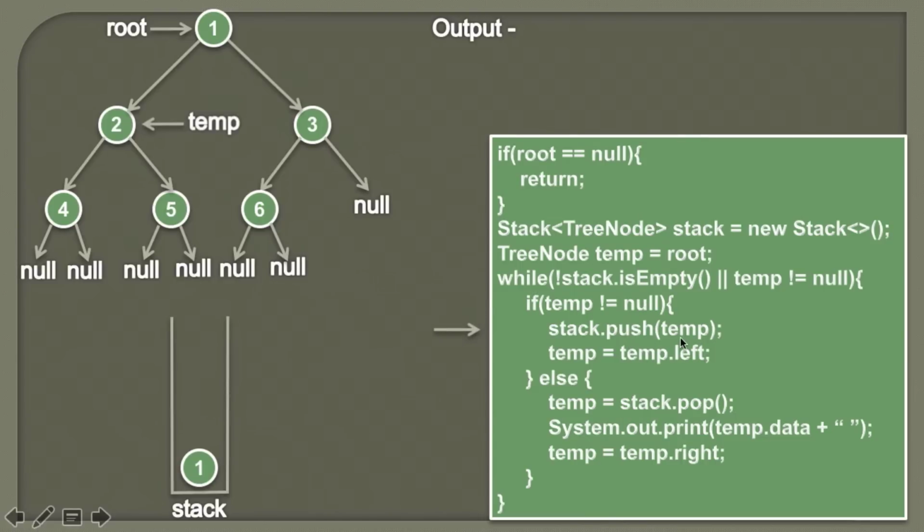Then we simply push that node 2 on the stack, because before visiting the node 2 we have to first visit its left subtree completely. So it would look something like this, that now node 2 is on the stack, and then we simply traverse temp to its left, which is the node 4. Now temp is pointing to the node 4.